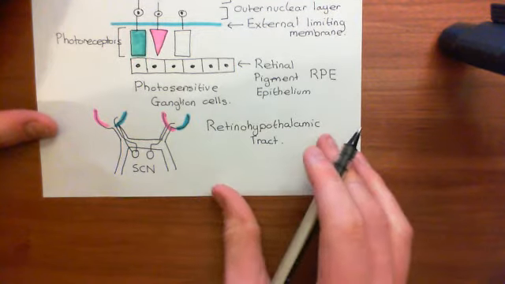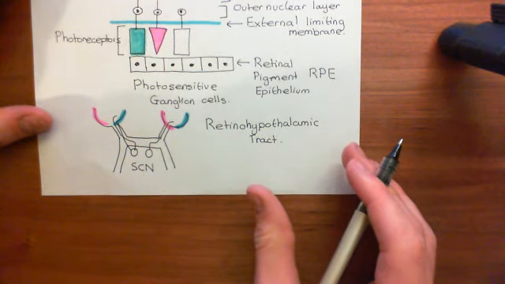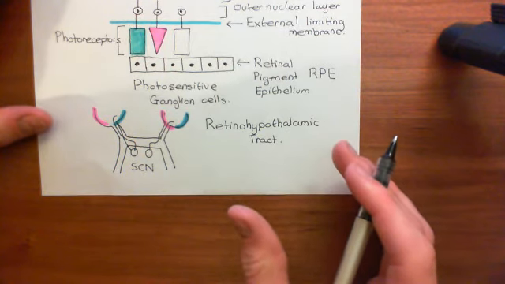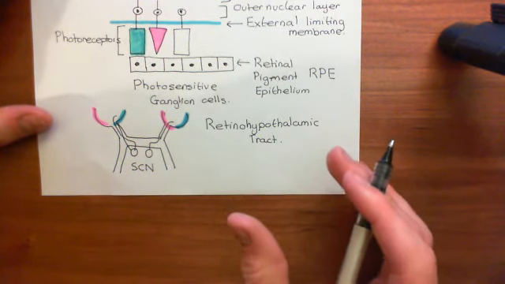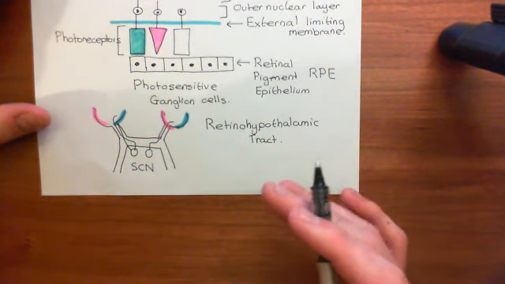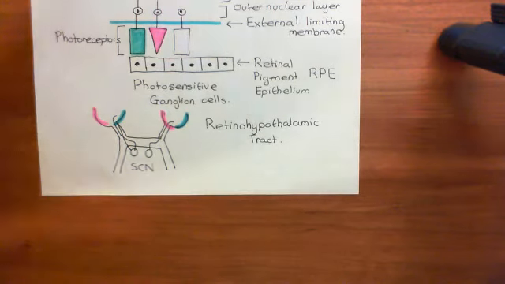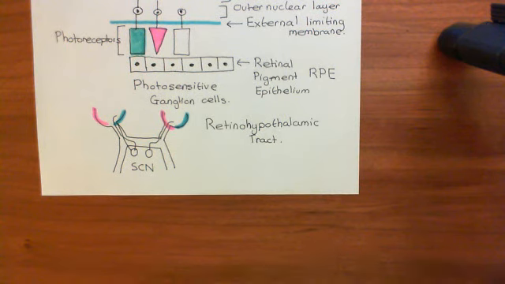These will be delivering the information about the current light status of the world. This is how the suprachiasmatic nuclei get the necessary information to make sure that their internal clock is synchronized with the external clock. Right, so that now concludes our discussion of the circadian rhythms.